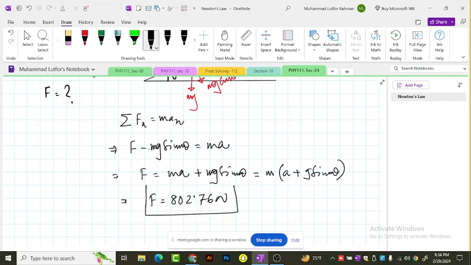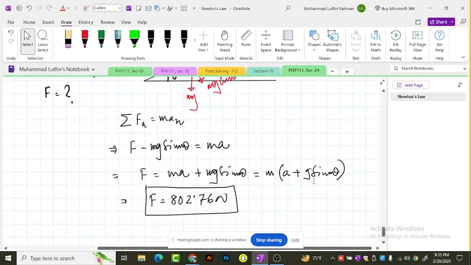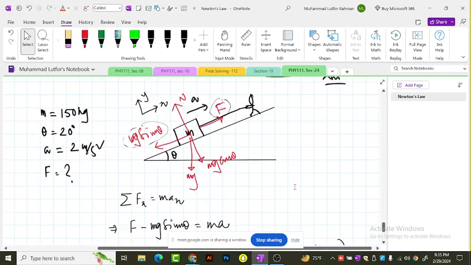It's a huge force you have to apply if you want to drag a block which has a 150 kg mass in an inclined plane which makes the angle 20 degree at the acceleration 2 meter per second square. Then you have to apply that amount of force, which is 802.76 Newton actually.